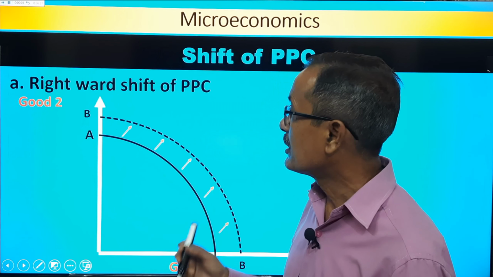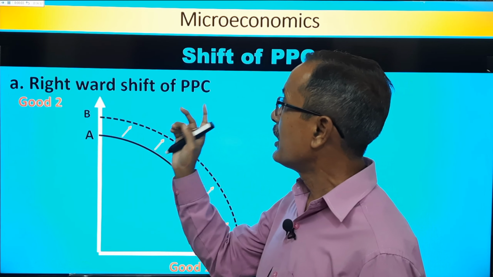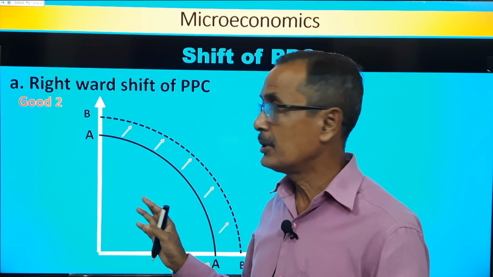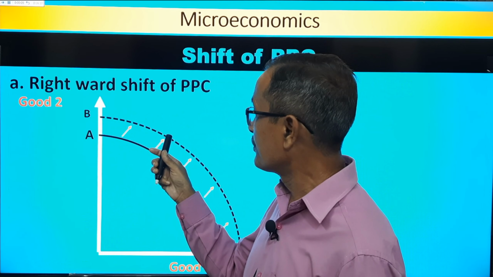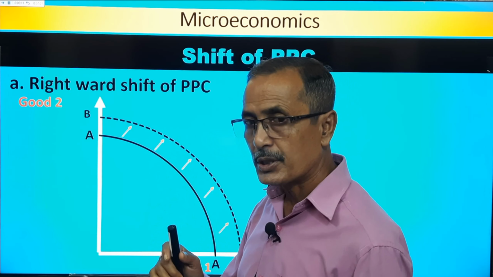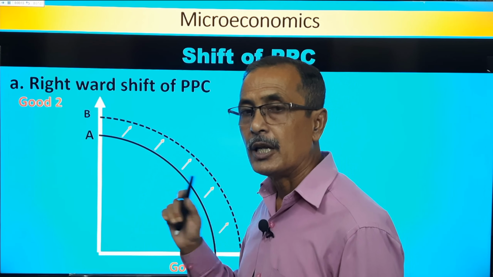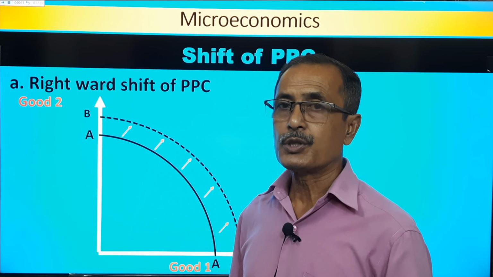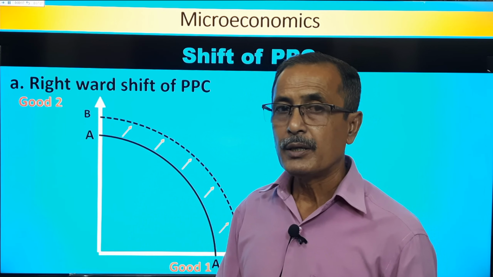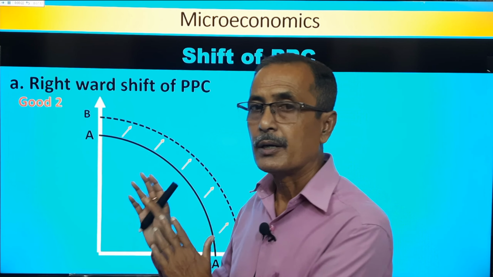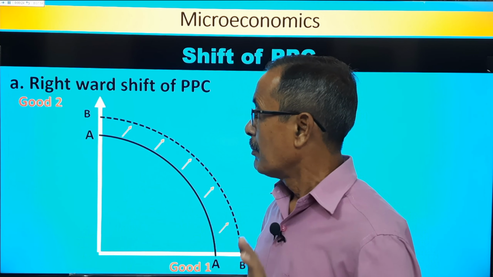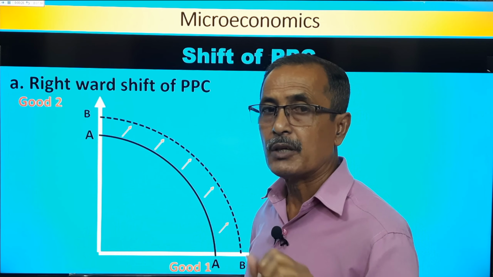Now see here, shift of the PPC. Now there are 2 points. First, here see, the curve has shifted to the right. Next we'll see the curve shift to the left. The question comes here, when does a PPC shift to the right side? देखो पहले तो बात है कि you have a given resource.